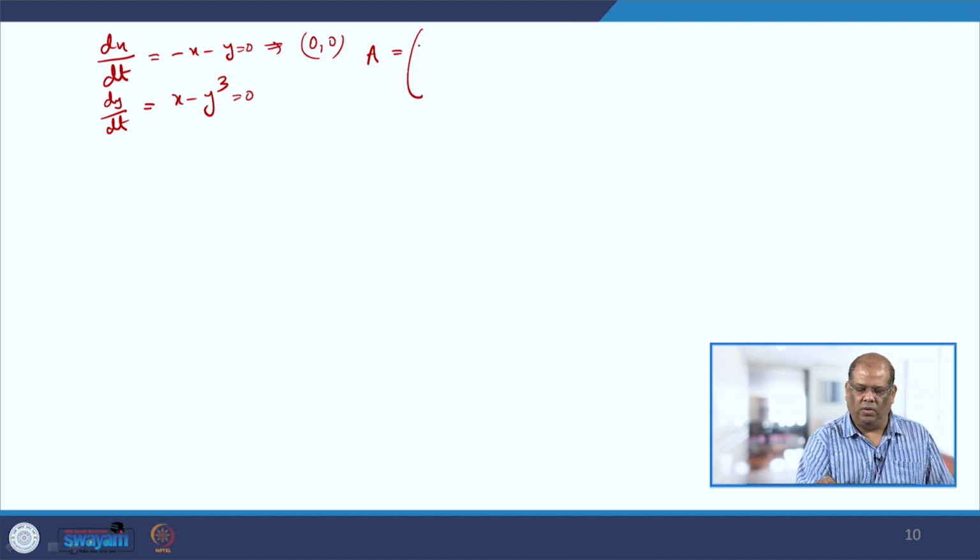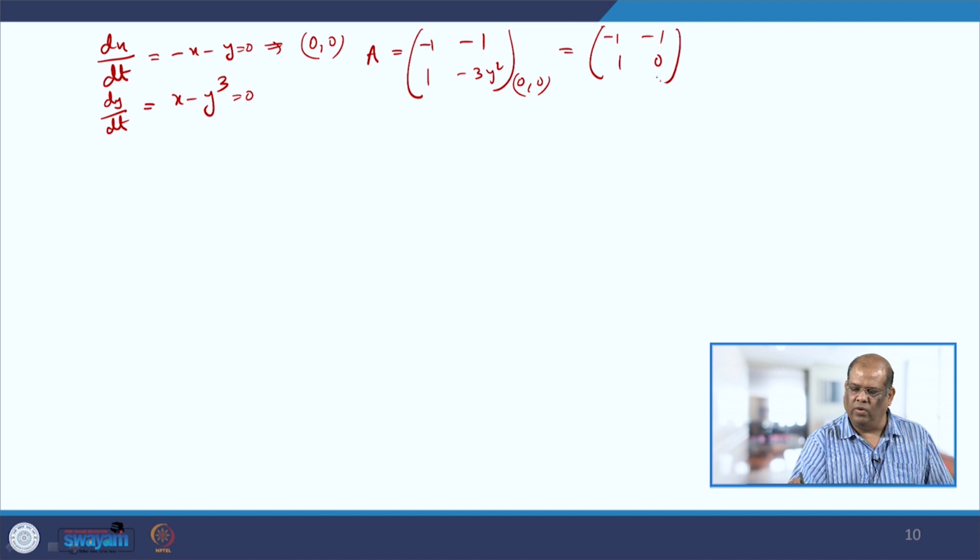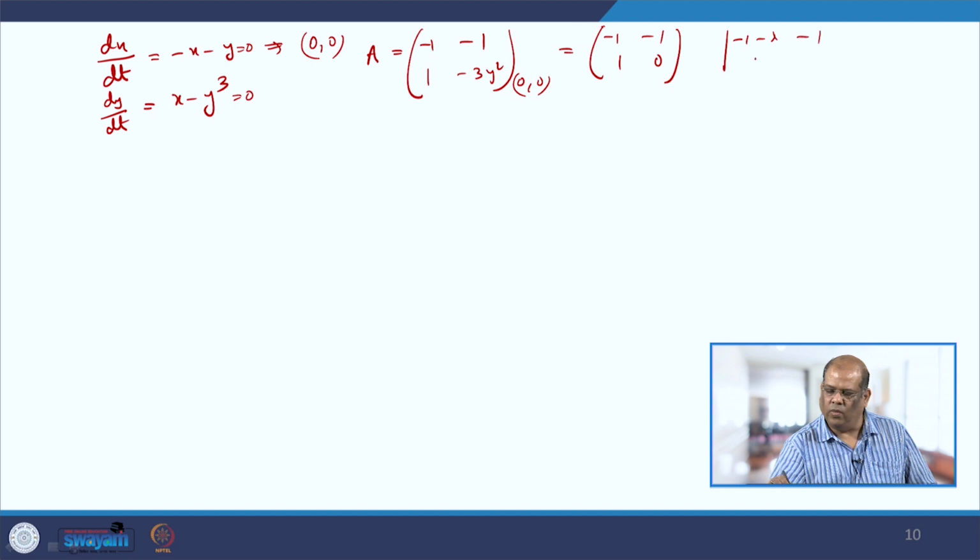which is minus 1, minus 1, 1, minus 3y square, and at the point (0, 0) you get this value as -1, -1, 1 and 0. And if you want to calculate the eigenvalue, it is -1 minus lambda, -1, 1 minus lambda equal to 0.